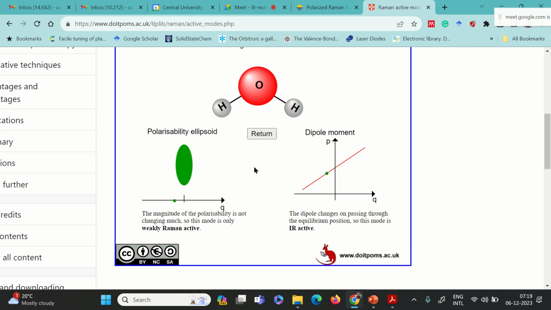This is the bending, and correlate the thing. If you are looking very carefully, see the change in the ellipsoid, the green, and the vibration that is happening. This is bending mode, and the shape of the ellipsoid is changing. Polarizability ellipsoid changes its shape during the bending, and because of that it is Raman active.